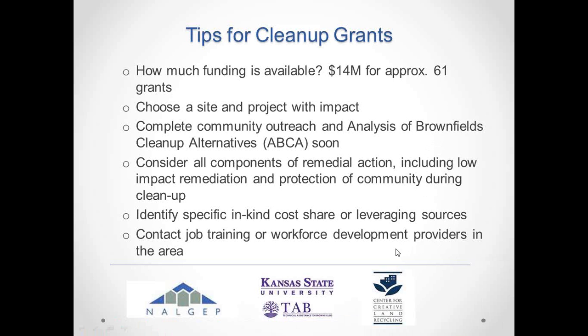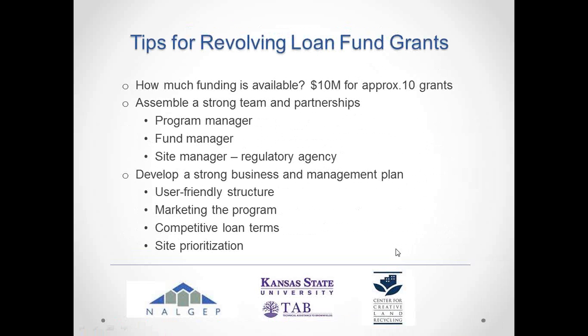I'm going to the revolving loan funds now. For revolving loan funds, of course, you can provide sub-grants under this, but I'll try to focus on the loan portion of this. There are approximately 10 million for 10 grants, and this is probably the most involved as far as planning a team, because EPA will look at your capacity to implement this.